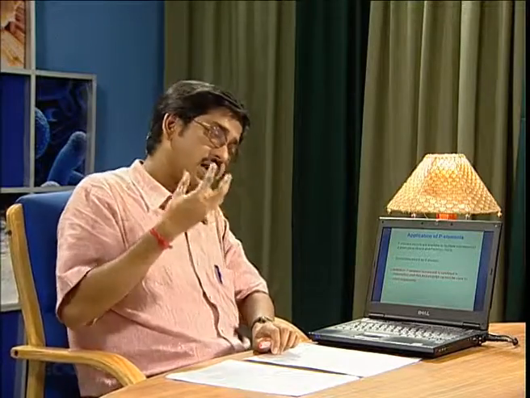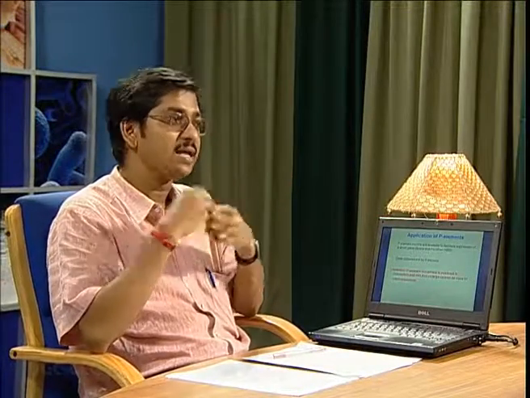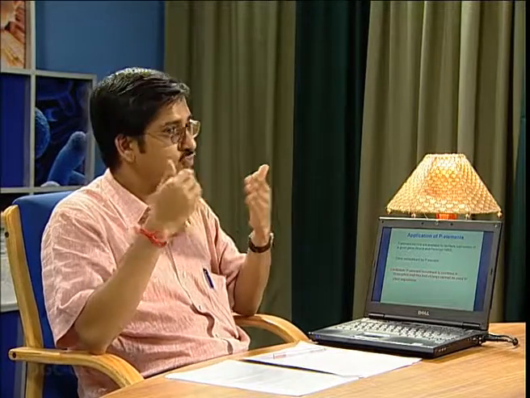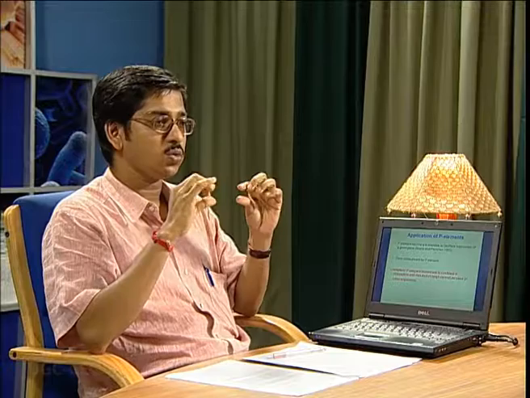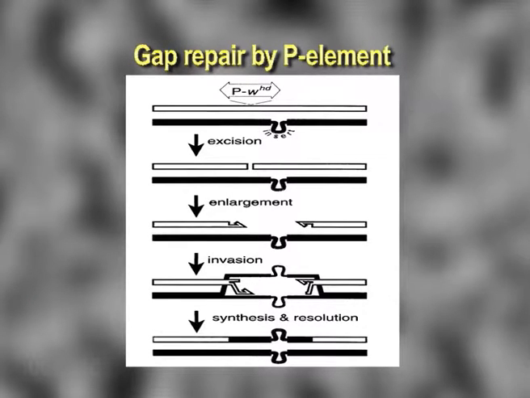Now, coming to another important consequence of the use of P element, we can use P element to do replacement of genes. How will we do that? First thing is that whenever a P element binds to a particular locus, it leads to a double-stranded cut. So there is a gap. The gap needs to be filled, and certain things are taken as a template by the host repair machinery to fill this gap. Let's say I want a gene A to be put in a region where gene B is present.